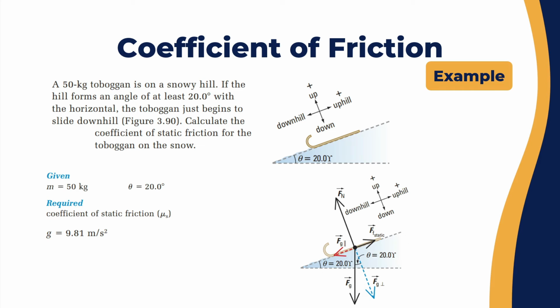We start with the free body diagram for the object. We have here the gravitational force pulling downwards on the xy Cartesian, and we have the gravitational force parallel to the surface of inclination, and the gravitational force perpendicular to the surface of inclination.